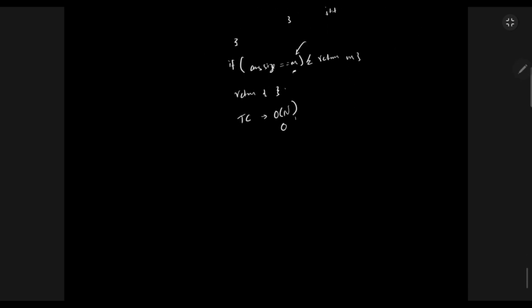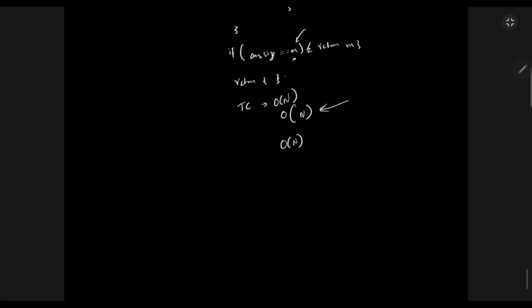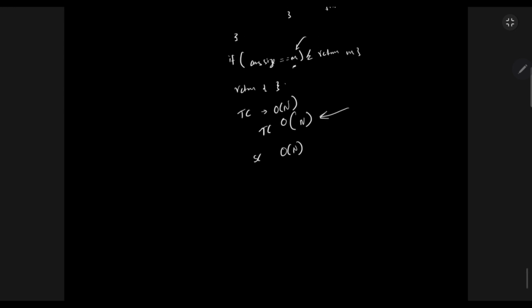Maybe we'll have big O of max of n comma m. Given the question, n is the maximum, so the time complexity is big O of n, and the space complexity is also big O of n because we are creating the suffix array. So we'll code this in the code editor, and I think this is the solution.